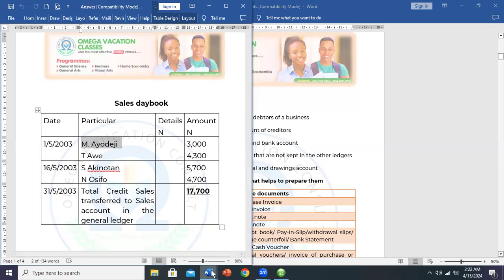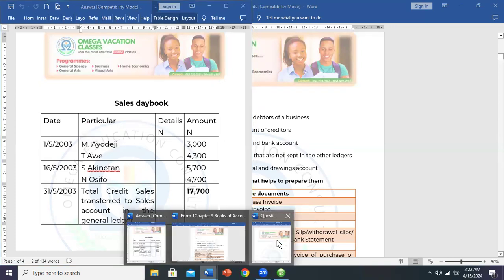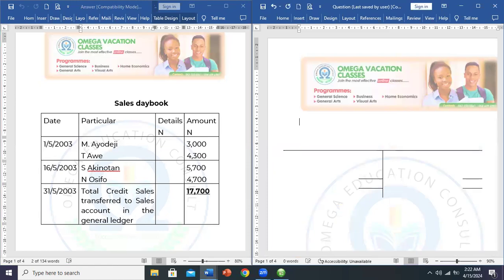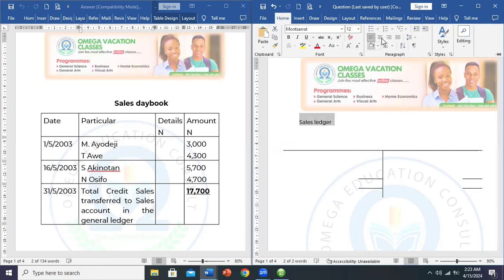So let me demonstrate that for us. So basically in your exercise book, this is all that you do. You write the heading sales ledger. And in that sales ledger, what you are going to do is to open the account of each of the debtors.